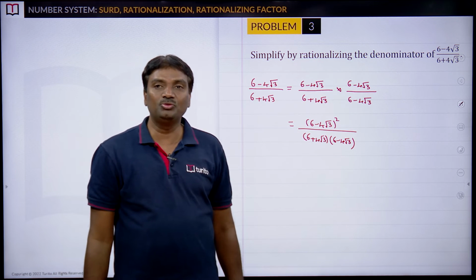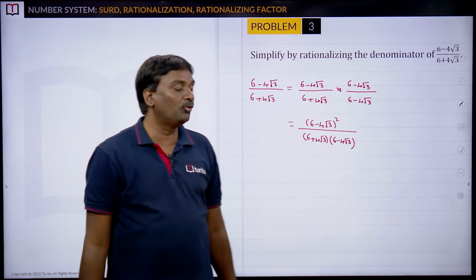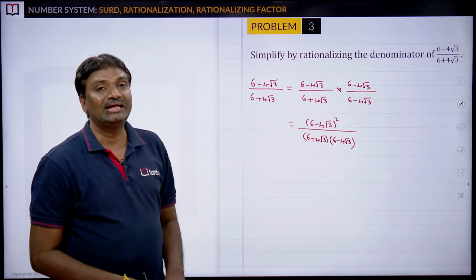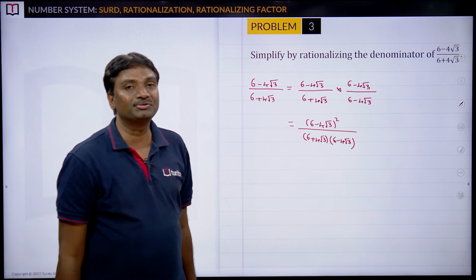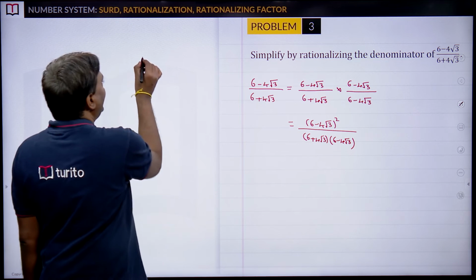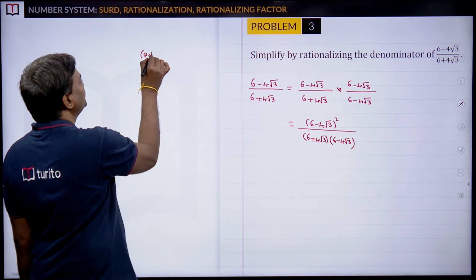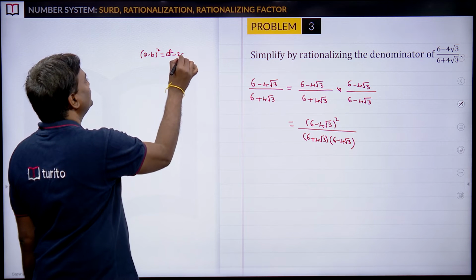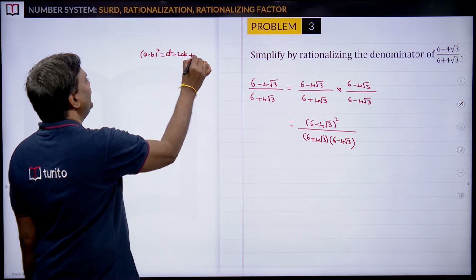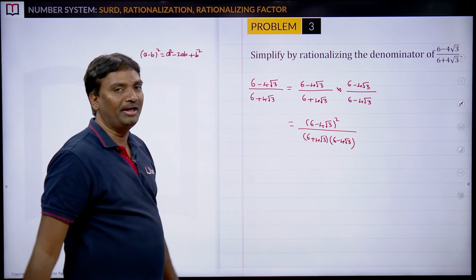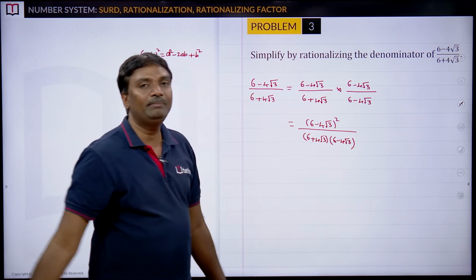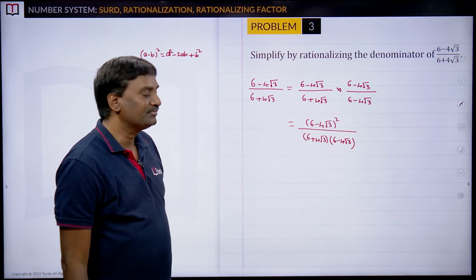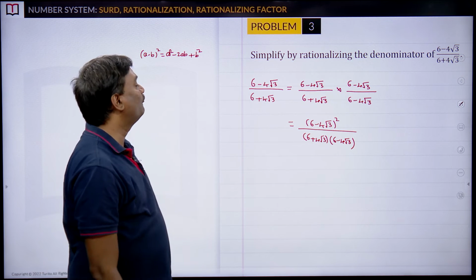By observing the numerator, we have 6 minus 4 root 3 whole square, which is in the form of a minus b whole square. We know the identity a minus b whole square equals a square minus 2ab plus b square. By applying that formula, in place of a we have 6, in place of b we have 4 root 3.